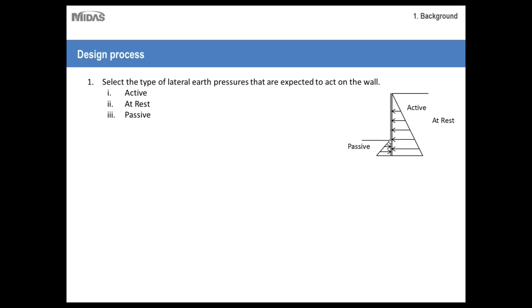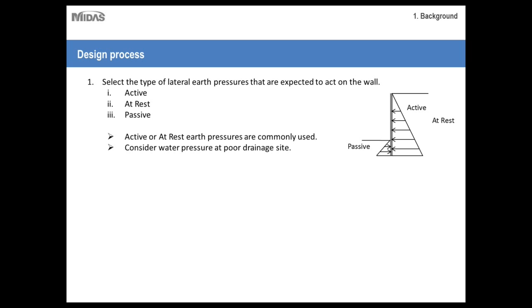If this is our supporting system, then behind the supporting system, the earth pressure is considered active. In front, it's passive, and at rest is the earth pressure, which is at a stable strata far away from the actual excavation edge. But some points are to be considered while assessing these pressures. The first point is that most commonly used earth pressures are active and at rest. Then you must consider water pressure at poor drainage sites.